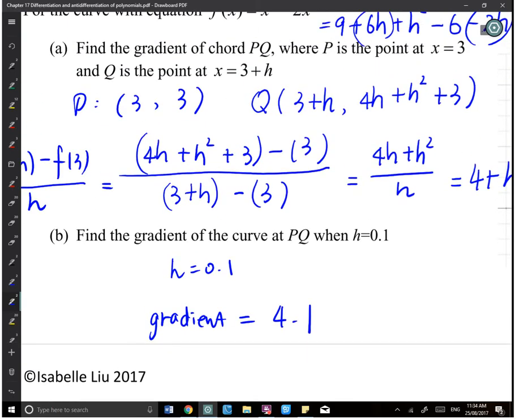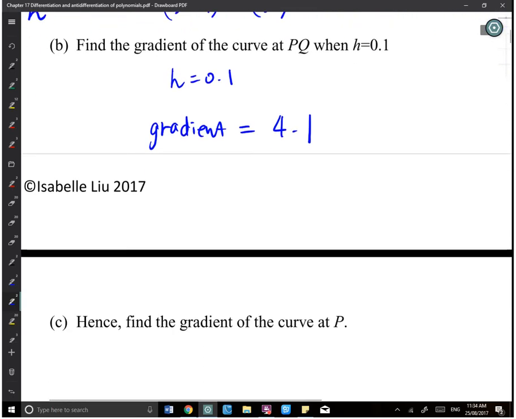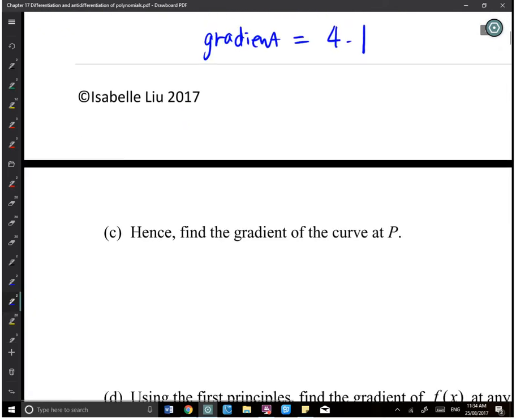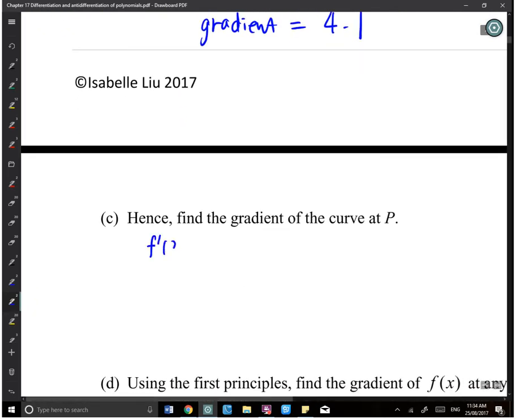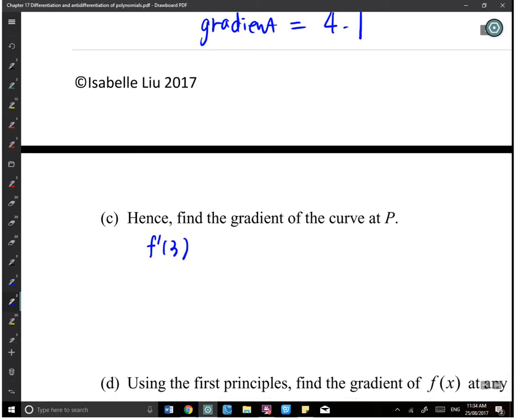So what is f dash x? You're looking for f dash x, and at point P, so you're looking for f dash 3. You need to know what you're looking for. It's the derivative, and the symbol for the derivative is dy/dx or f dash something. Okay, f dash 3.